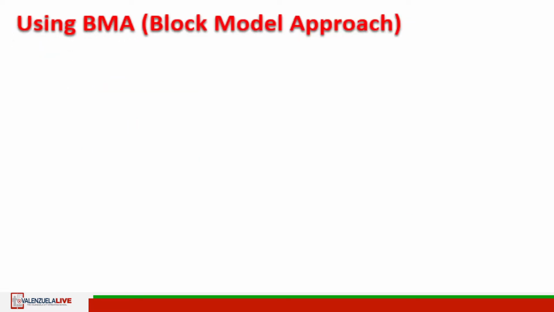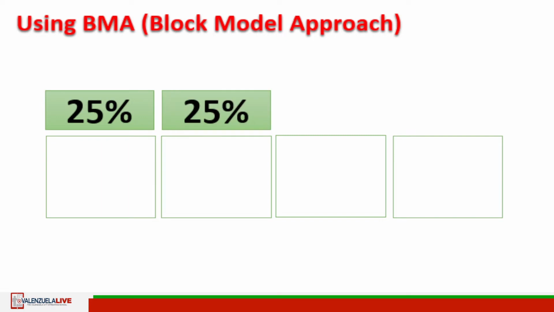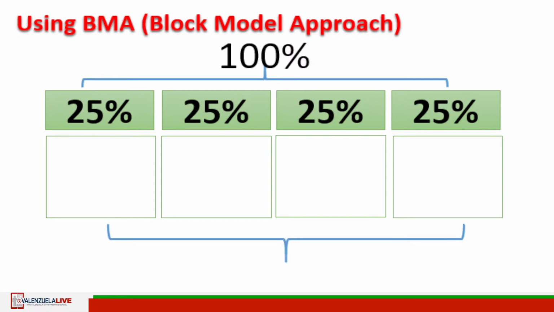Using block model approach or BMA, we have to represent 100% in 4 25% parts, which is equal to 100%. And 100% represents 140, the total number of pupils. 25% of 140 is equal to 35.